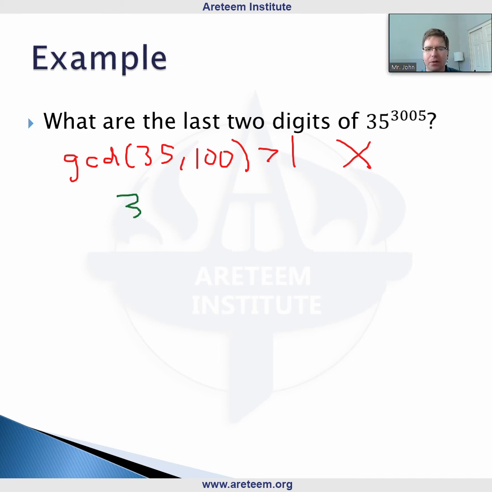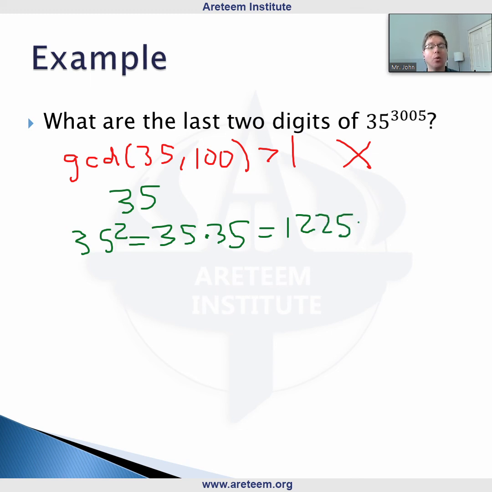So we have 35 to start with. 35 is just 35 in this case. There's nothing to say there. But then what about 35 squared, right? So just to do the pattern in this case, 35 squared is, of course, 35 times 35 here. And then 35 squared is going to be 1225.